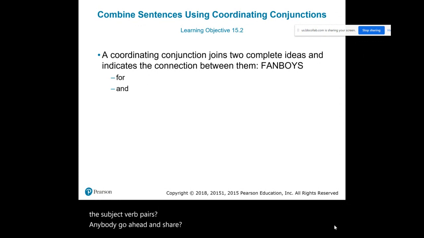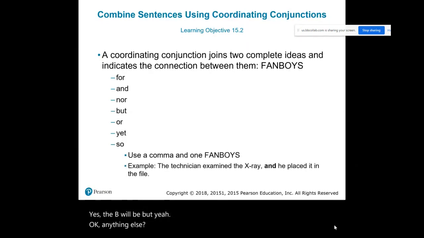Maybe between, teacher. Between is a preposition. How about but or also? Yes. The B will be but. Okay, anything else? What about or? Yeah, or is another one.